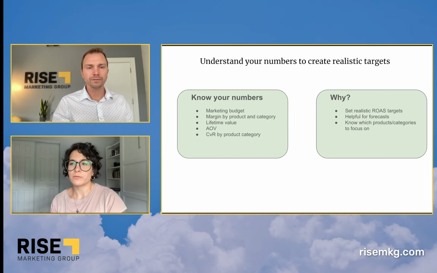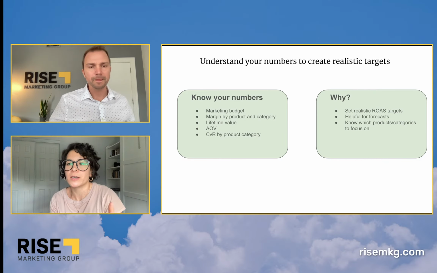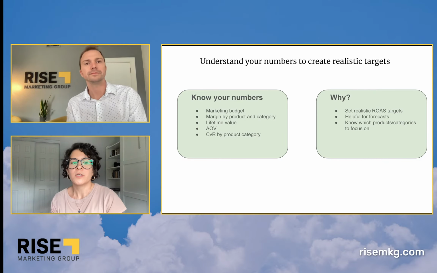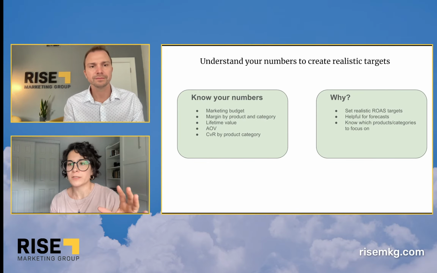Or for example, going for shopping, how many shopping campaigns should I have? How many PMAX campaigns? How should I structure those campaigns? Because you can add ad groups and asset groups. So having all of this information can help you build that structure that will reflect your business model and your business in the current situation.